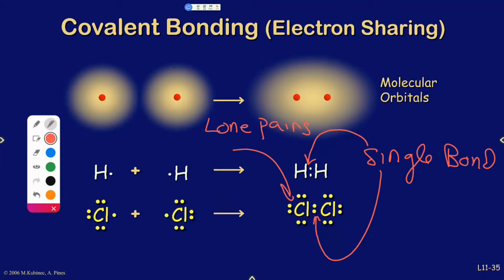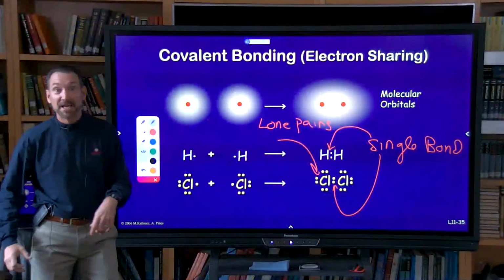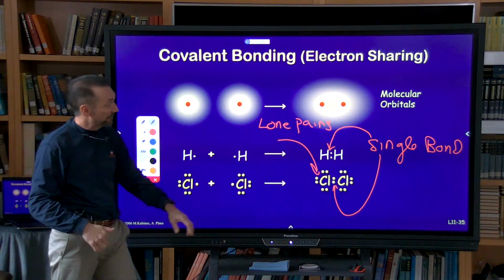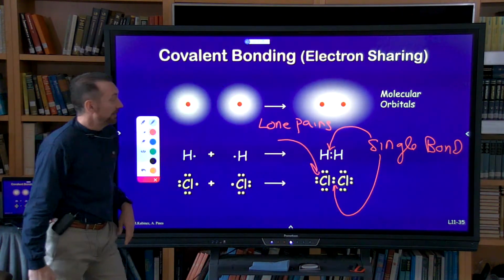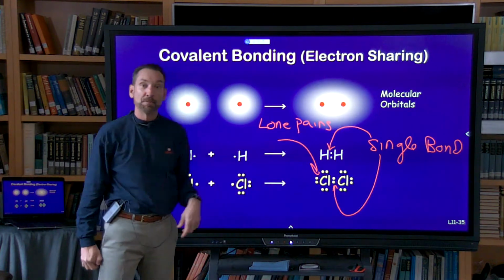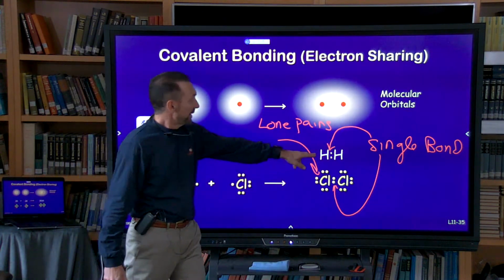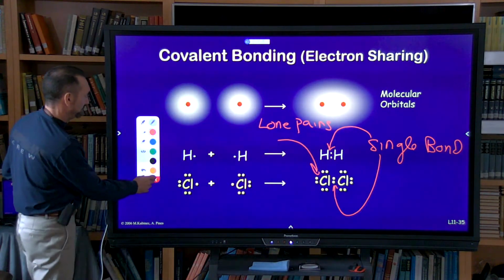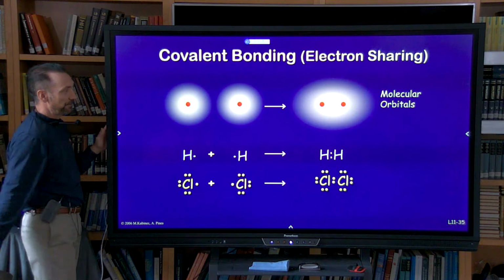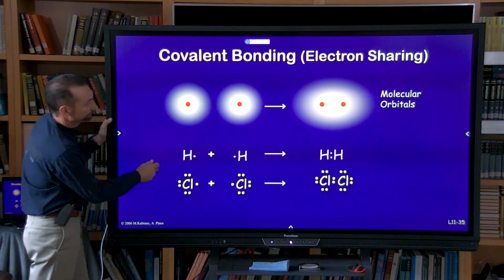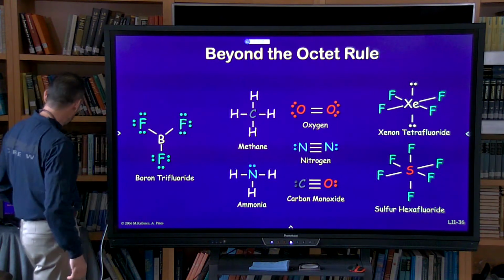So chlorine has them, and it's using them to get that stable, low energy configuration. It uses a combination of one bonding pair and 3 lone pairs to get to 8, and hydrogen uses a single pair to get to the stable duet.